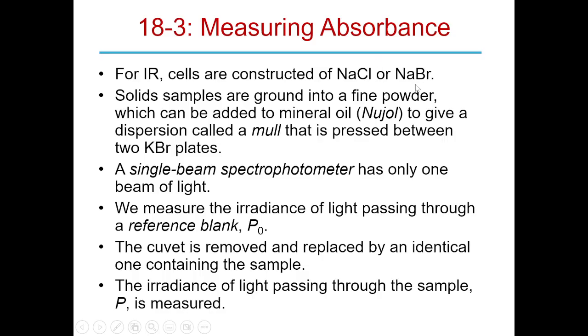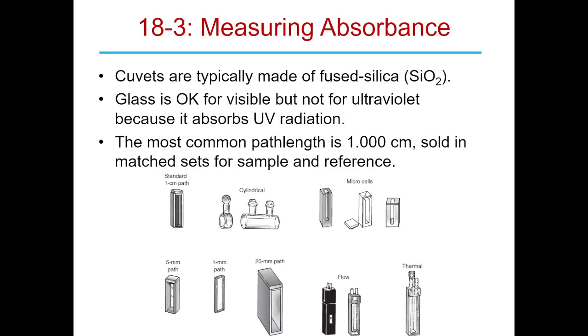NaCl, NaBr windows, these are the cheap windows that work okay, okay? But anything that has any sort of moisture content is going to erode these windows, all right? By the way, a gas cylinder like this doesn't have any windows here.